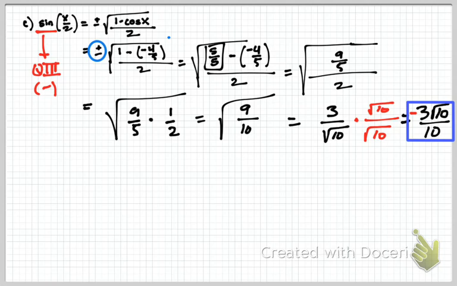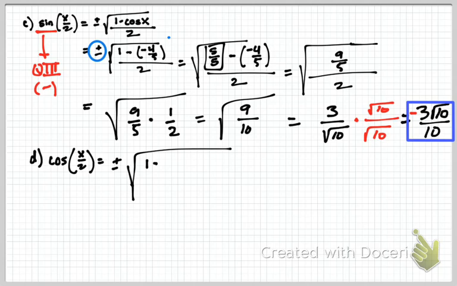We'll finish up with D. This is 109, by the way. You probably recognize it. D is cosine of x over 2. Same process, plus or minus the square root of 1 plus cosine of x over 2, which will equal 1 plus negative 4 over 5, over 2.